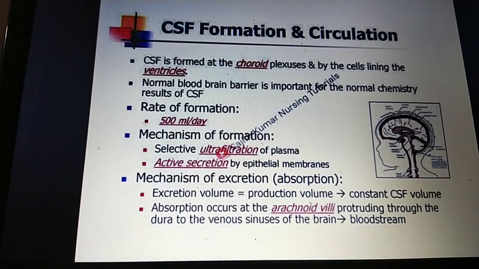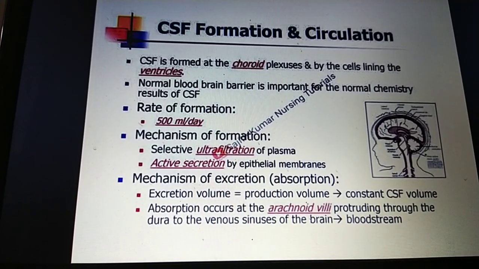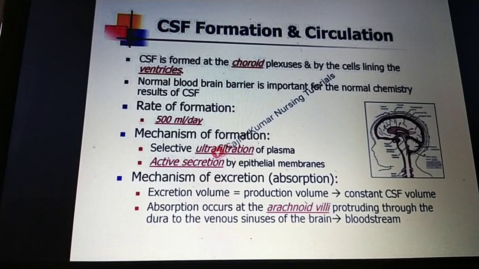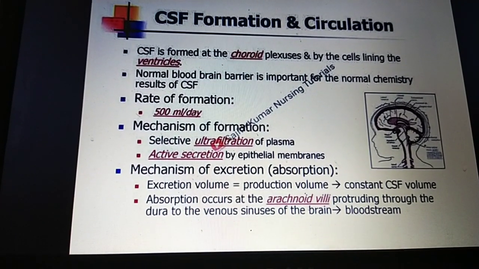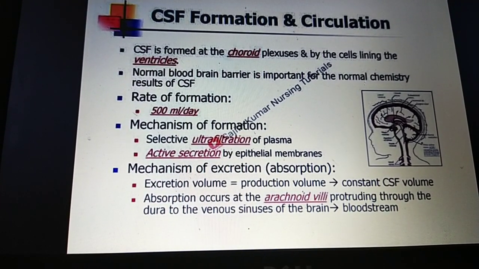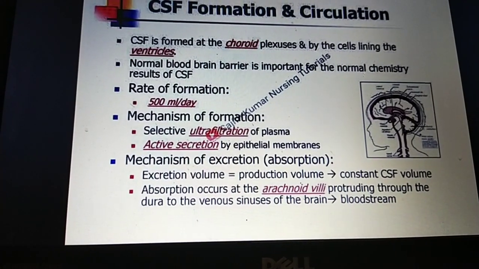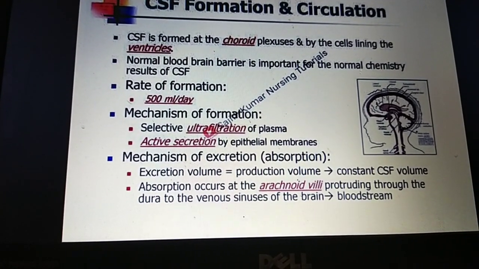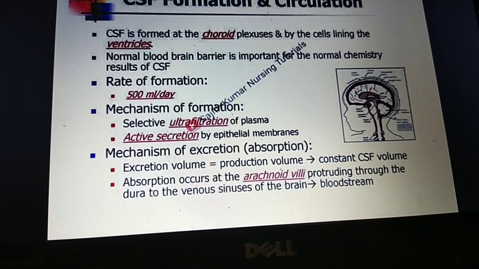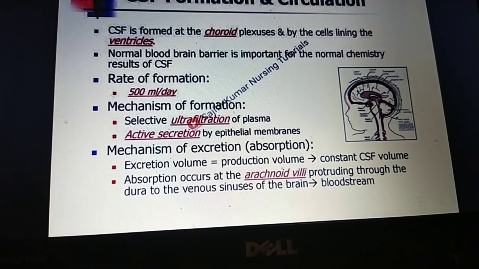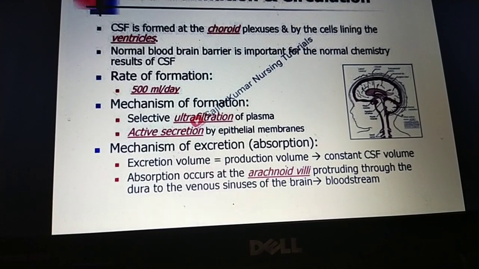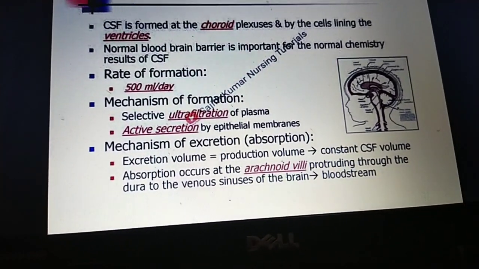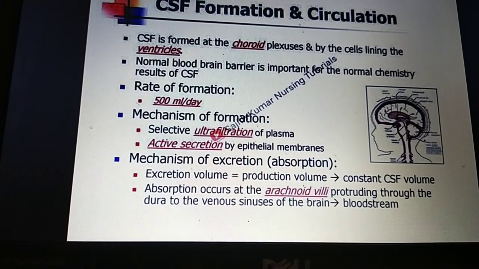The mechanism of formation is selective ultrafiltration of plasma and active secretion by the epithelial membrane. As for excretion or absorption, the excretion volume equals the production volume, keeping the CSF volume constant. Absorption occurs at the arachnoid villi, which project through the dura to the venous sinuses of the brain and the bloodstream.